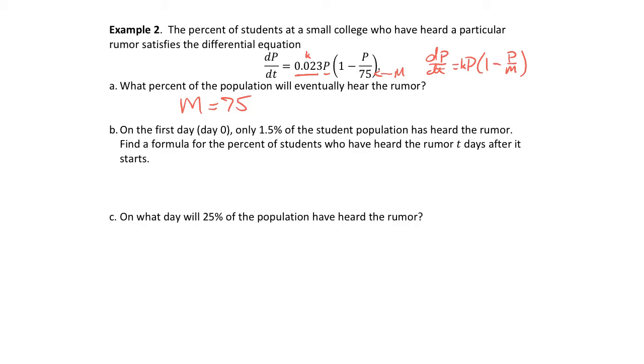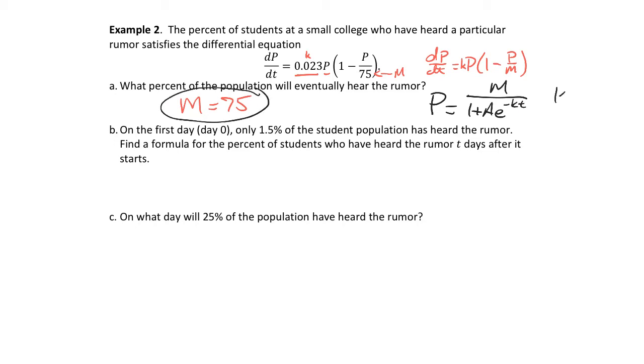Okay, so on day 0, the first day that is, only 1.5% of the student population has heard the rumor. We want to know what the formula is for the percent of students who have heard the rumor t days after the rumor starts. Okay, so we know that the formula is P equals M divided by 1 plus A e to the negative kt. We know M is 75.